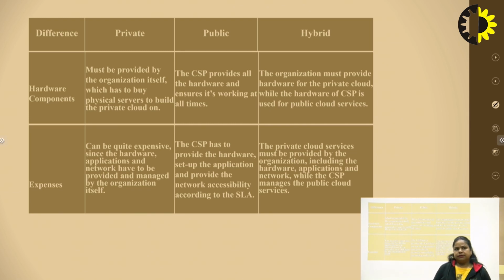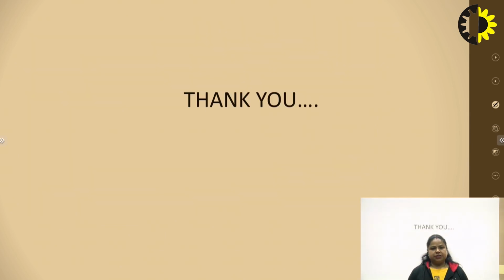In public, the CSPs provide the complete hardware at all times. And again, hybrid is a combination. When I'm talking about expenses, private is quite expensive because they have to purchase their own hardware, own servers and so on. In the case of public, it is less expensive. And again, hybrid is a combination of both.